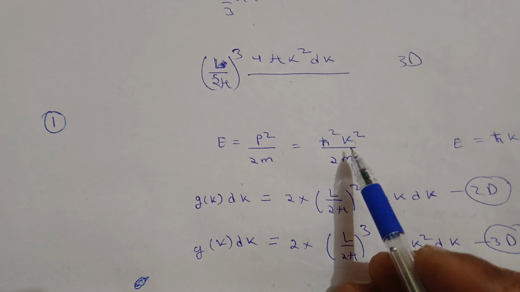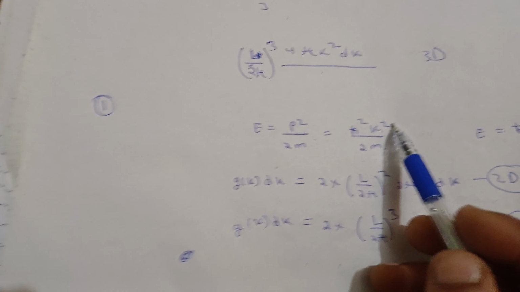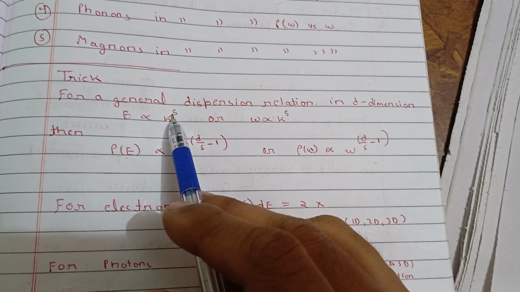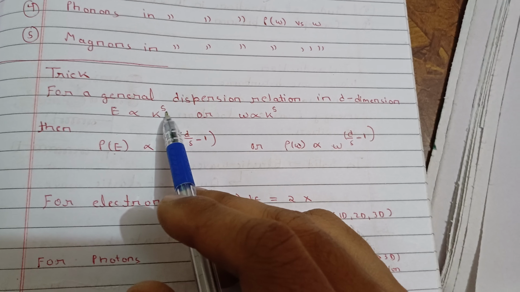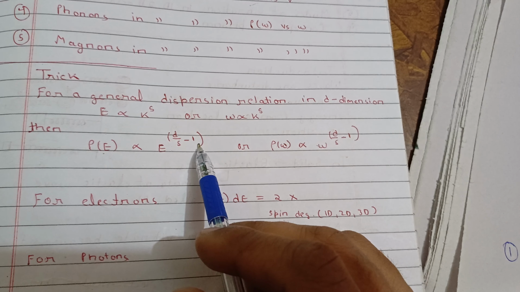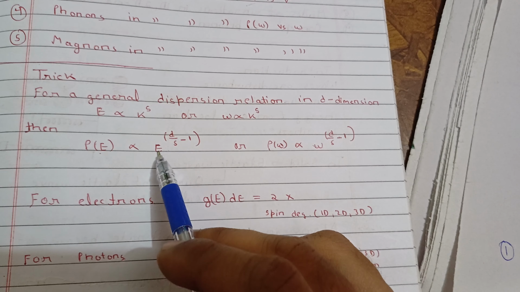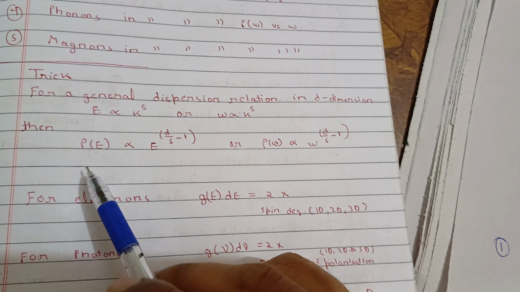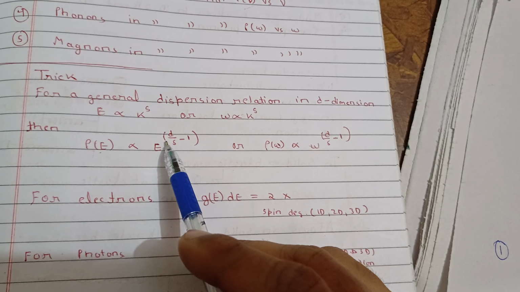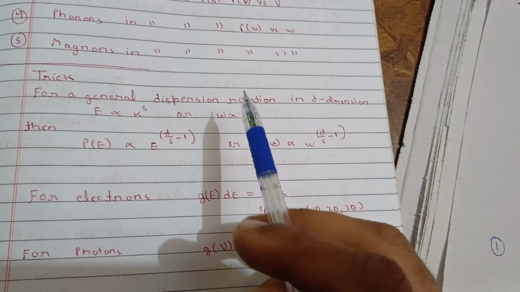For the non-relativistic case, we can see that E is proportional to k to the power 2, so s will be 2, and the dimension is 3 because we are using 3 dimensions. So we use 3 by 2 minus 1, which comes out to be 1 by 2. If you solve all the equations, in the end you will get rho proportional to E to the power 1 by 2. That's how you can calculate for any of them.